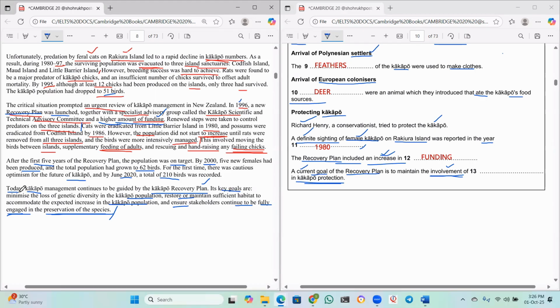Today means current. To maintain the involvement of whom? To ensure stakeholders continue to be engaged in the preservation of the species. Stakeholders. Yes, that is the right answer. They should be fully involved in the protection of the kakapo. So that is our answer, guys.